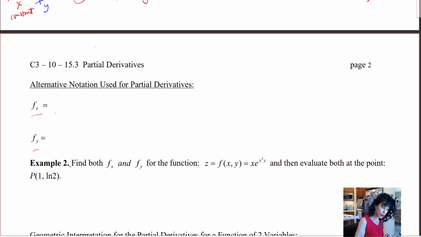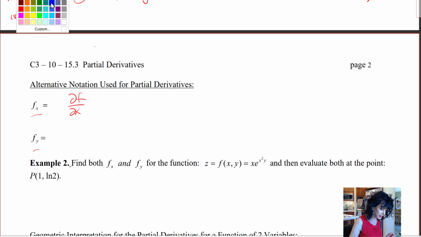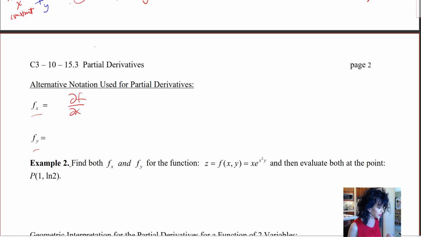Another way to denote the partial derivative of f with respect to x is df dx. And notice these letter d's have curvy stems, and that is key because you need to learn how to draw those because that's denoting a partial derivative.